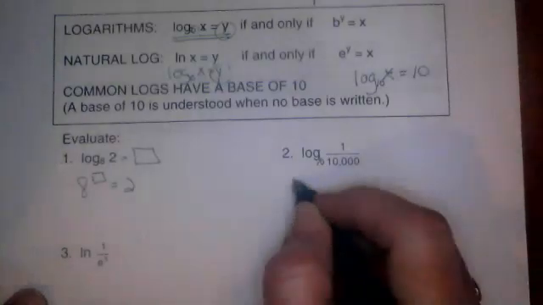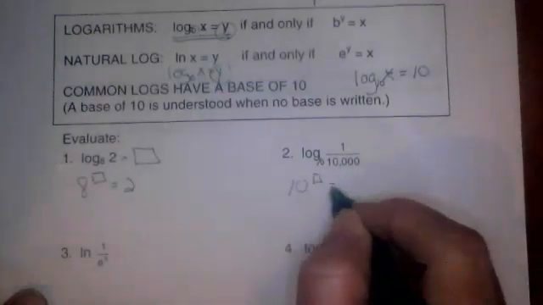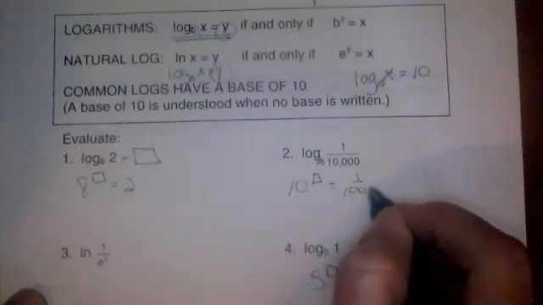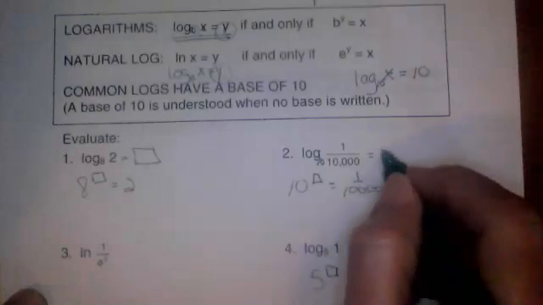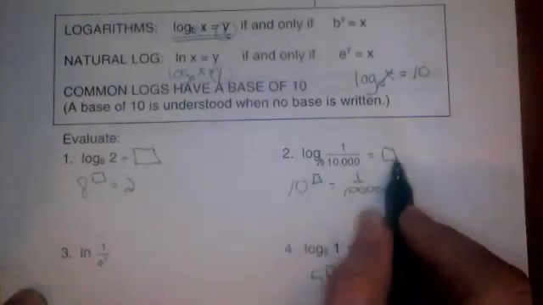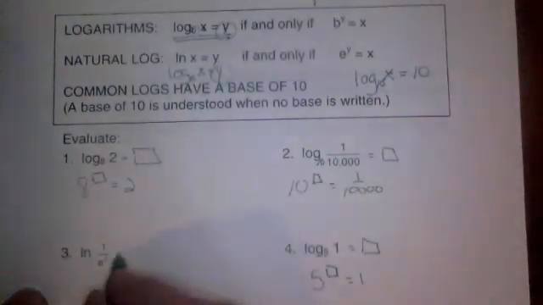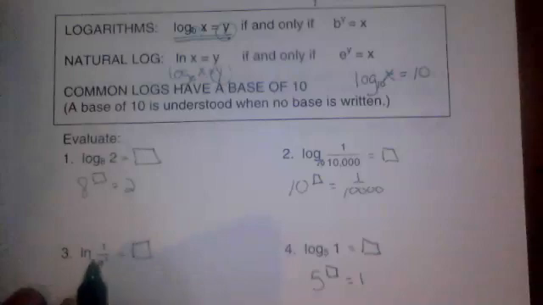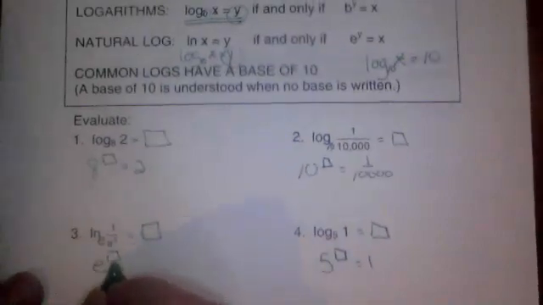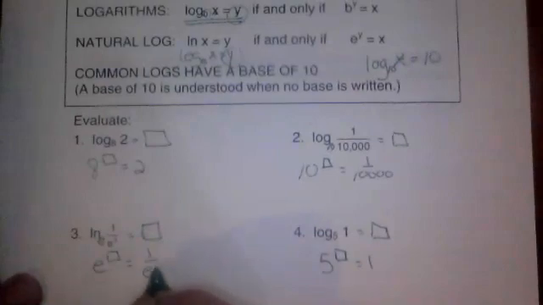So this one would be 10 to some power equals 1 over 10,000. Same for this one. This one, though, is understood to be base e. So this would be e to some power equals 1 over e to the third.